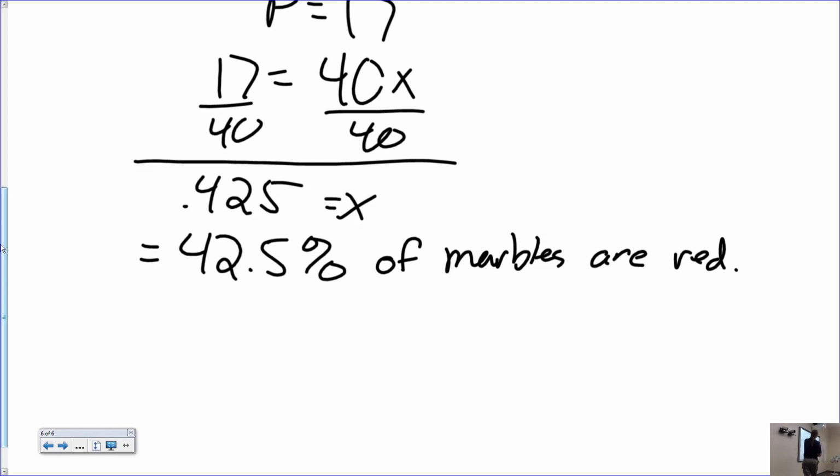So if 42.5% are red, what percent are not red? 57.5 is not red. And how did you figure that out? I subtracted it from 100. Exactly. So you calculated the complement of 42.5, and the complement's whatever makes it add up to 100. This gives you what's not red.